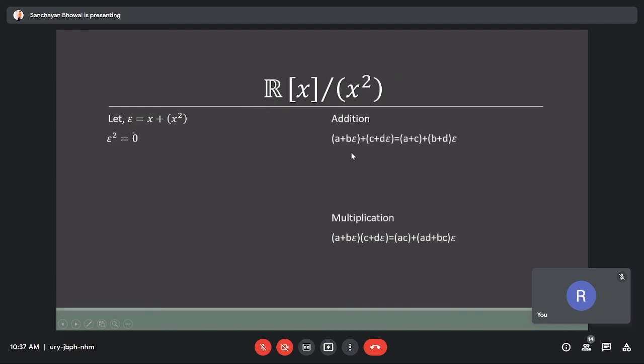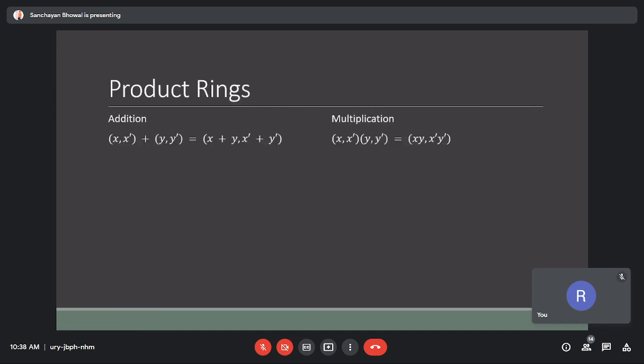We define addition and multiplication again, somehow like this, and this is known as dual numbers. You can play around with many polynomials and look for roots. This has nice applications in physics, in mechanics.